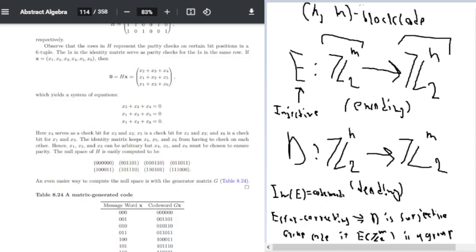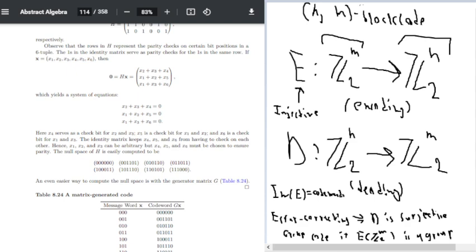Here, x4 serves as a check bit for x2 and x3, x5 is a check bit for x1 and x2, and x6 is a check bit for x1 and x3. The identity matrix keeps x4, x5, and x6 from having to check on each other. Hence, x1, x2, and x3 can be arbitrary, but x4, x5, and x6 must be chosen to ensure parity.